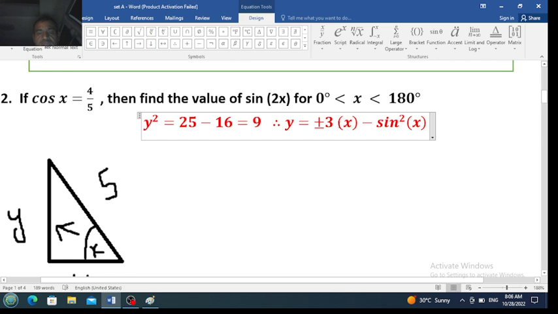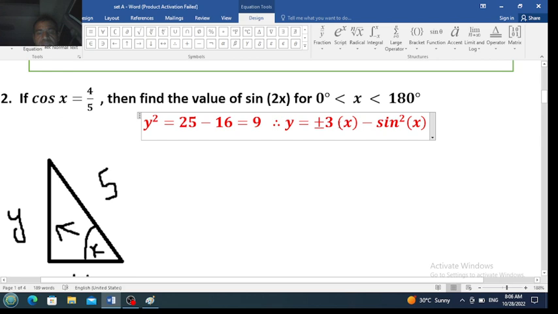Now, learners, I will use this fact. And we know that sine 2x is equal to 2 times cosine x multiplied by sine of x, or double sine of x cosine of x.